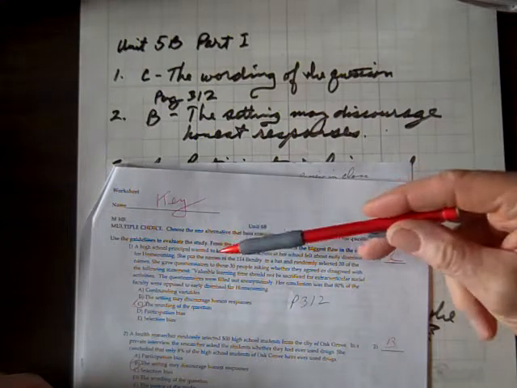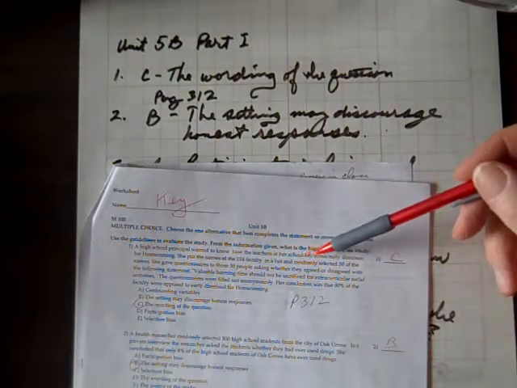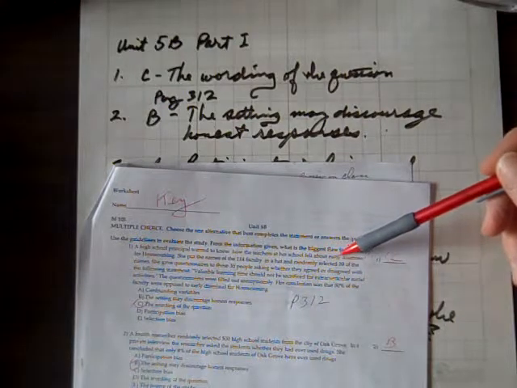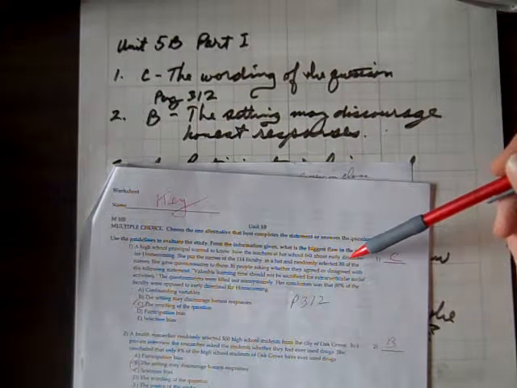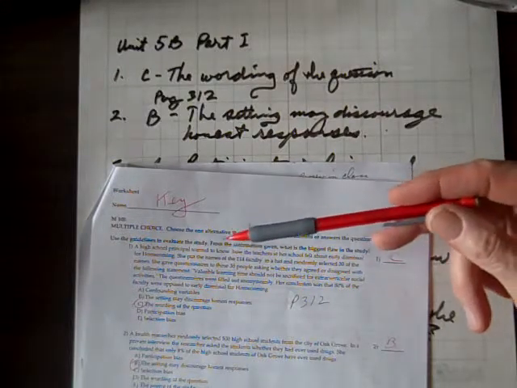This is Unit 5A, so let's get started with 1. A high school principal wanted to know how the teachers at her school felt about early dismissal for homecoming.